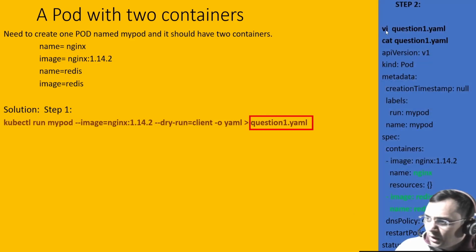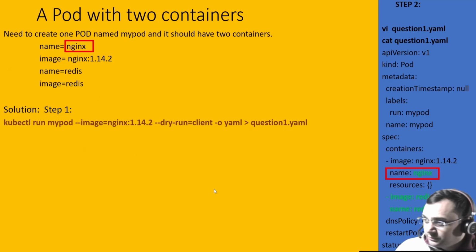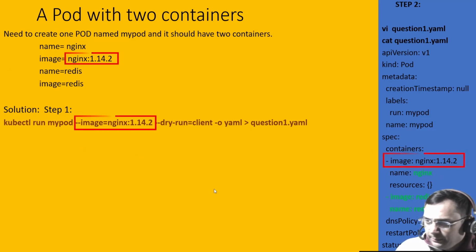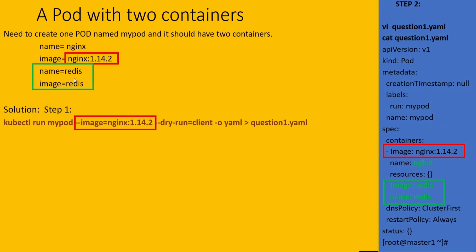Later on, I will open this question1.yaml file and change the name to nginx as per the question, and the image is already the same because we used image nginx:1.14.2, so no need to modify it. So just modify the name here, and after that add name redis and image redis.